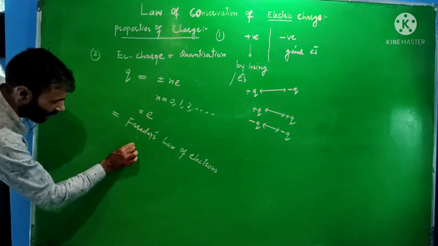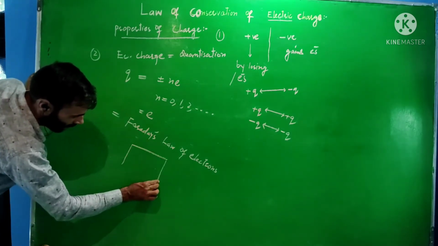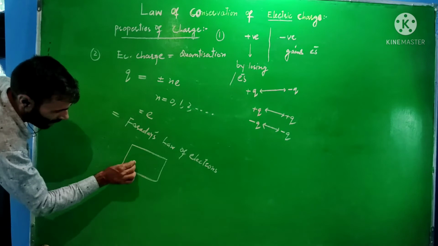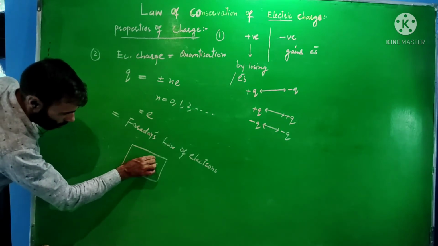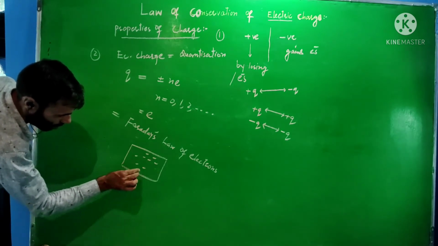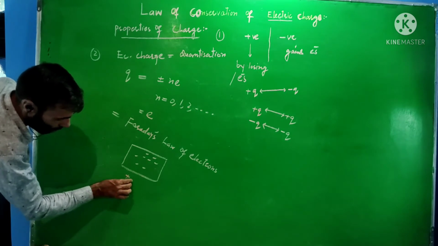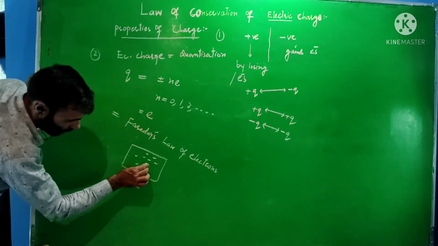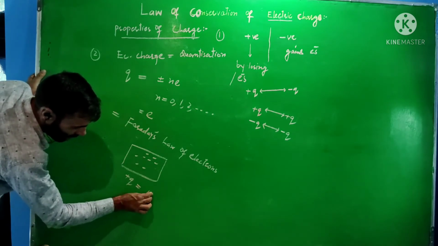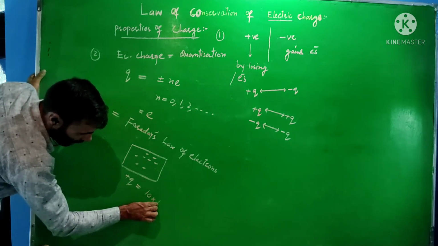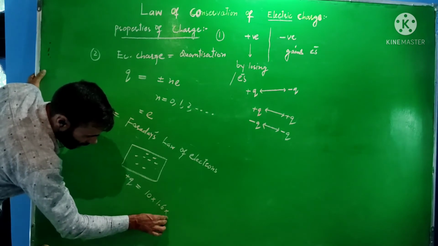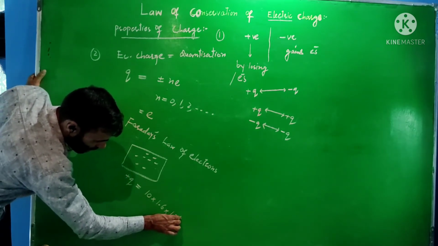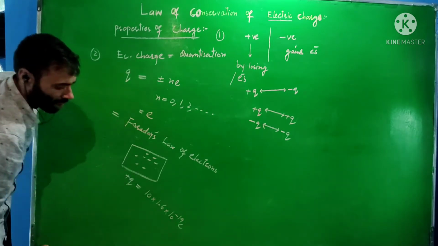Again, if we have a body, then this body has some charge. For example, if on this body there is plus 2 charge, that is again an integral multiple. For example, I will take here 10 times the charge on an electron or the charge on a proton, that is 1.6 times 10 raised to power minus 19 coulomb.